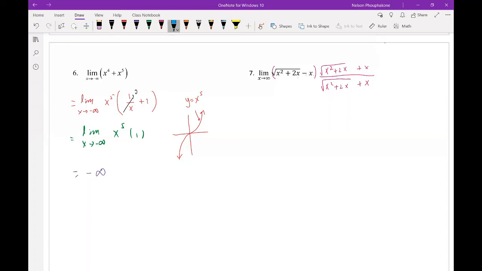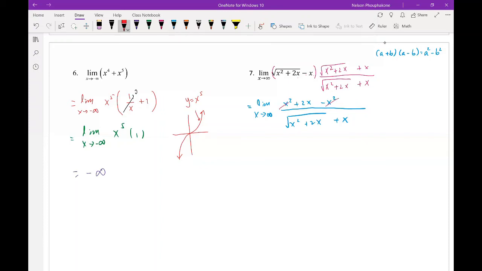Then I have the limit as x approaches infinity. Of course, remember the conjugate pair: a plus b times a minus b is a squared minus b squared. So in this case, I will have x squared plus 2x minus x squared, and in the denominator, I will have square root of x squared plus 2x plus x.